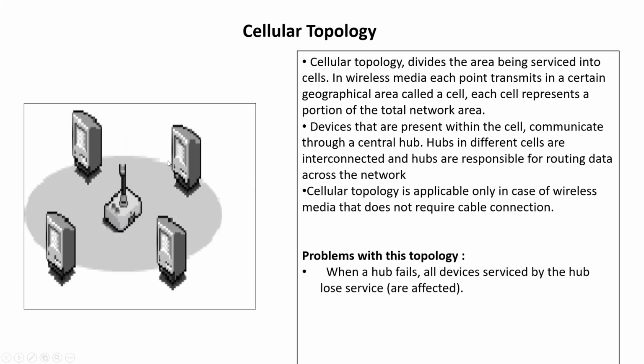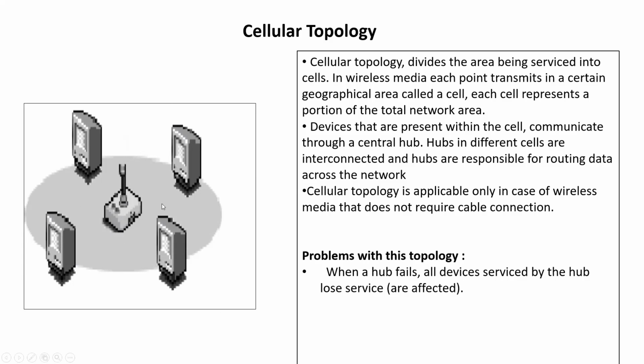and devices that are in the cell communicate through a central hub, and these centralized hubs in different cells are interconnected. This is one of the examples.